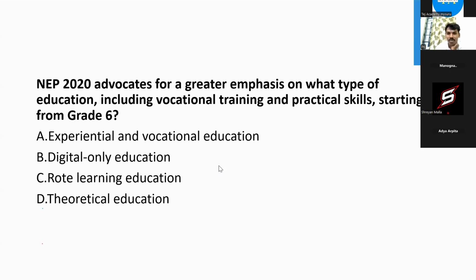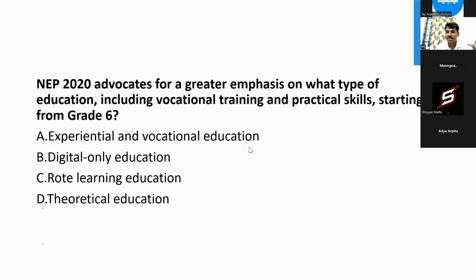Most of you have marked A in the comment box, and yes, all of you are correct. The correct option is option A. If you remember the class of NEP 2020, I had clearly said that they are talking about experiential learning and vocational education from grade 6.